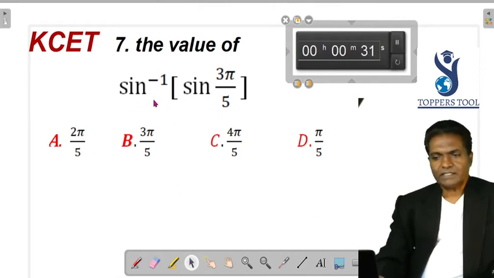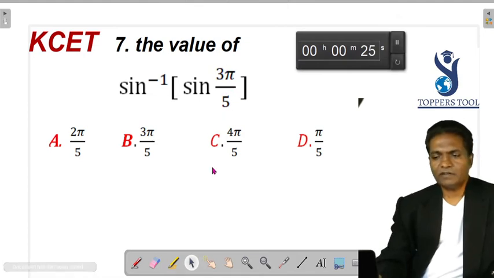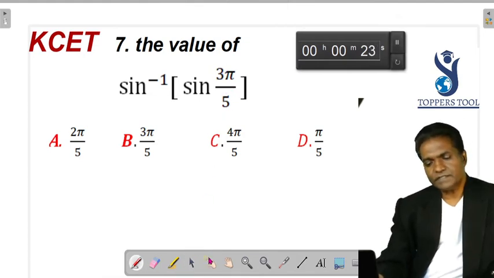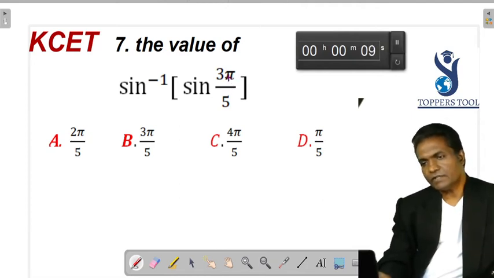You cannot write sine inverse of sine directly as 3 pi by 5 because 3 pi by 5 does not belong to the principal branch of sine inverse.